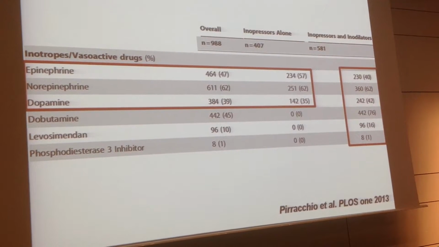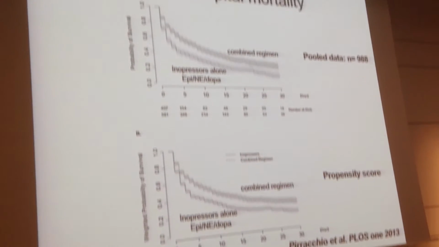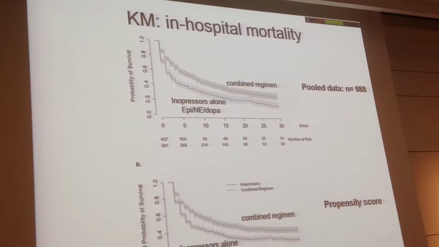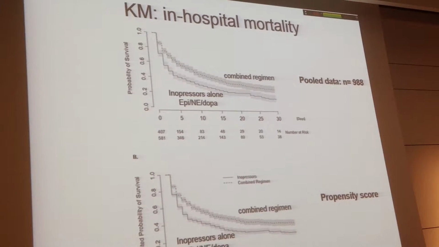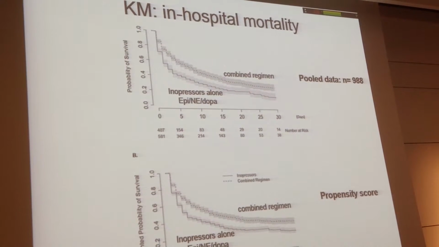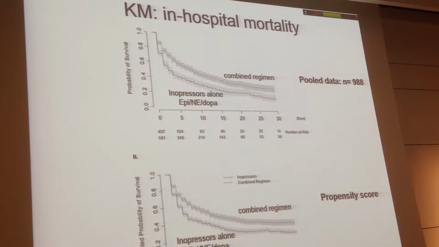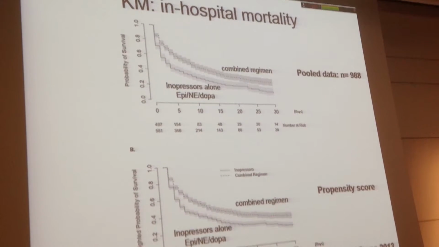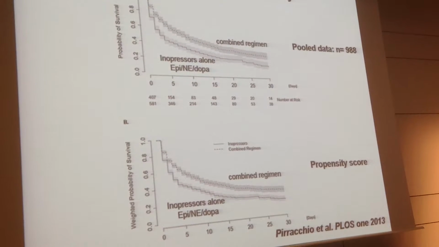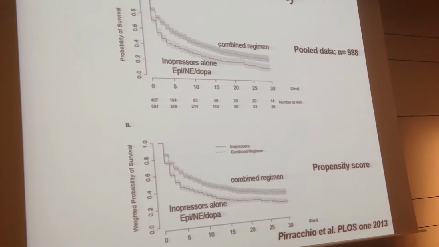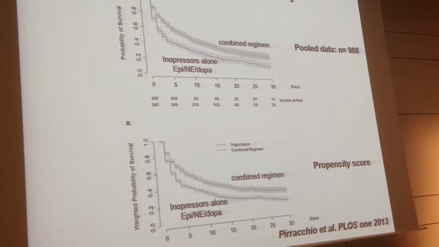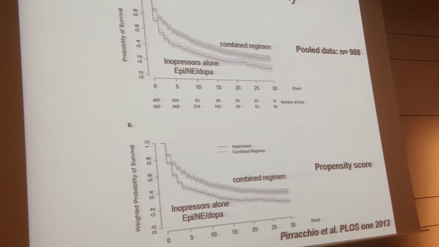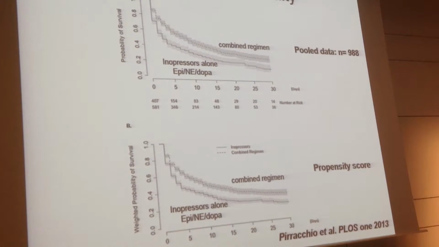Did it make any difference in the short-term outcome? Here we have 30-day mortality. Here is the pooled data, and here is the propensity score. You can see that in both graphs, the patients who received the combination of inotropes and vasopressors were associated with lower mortality. Again, we are talking about cardiogenic shock, and the overall mortality is still very high, 70 to 80%.